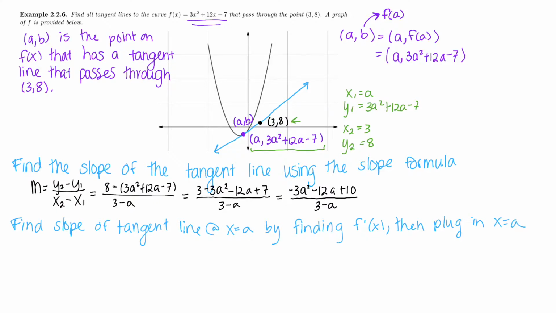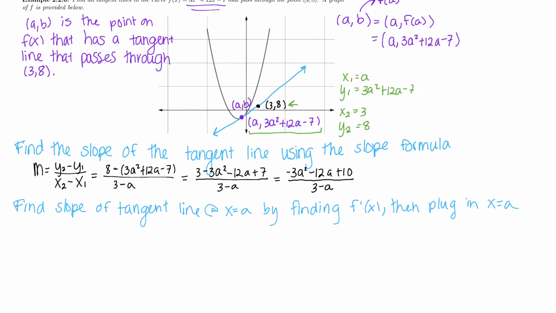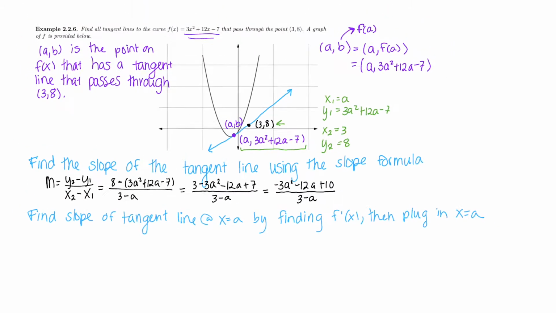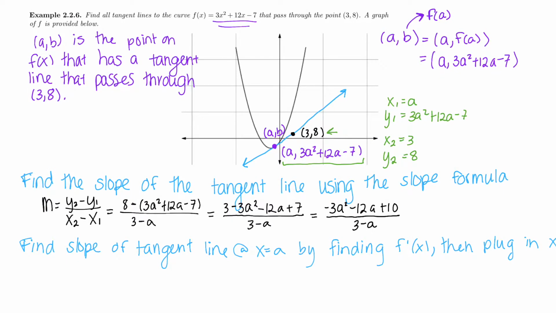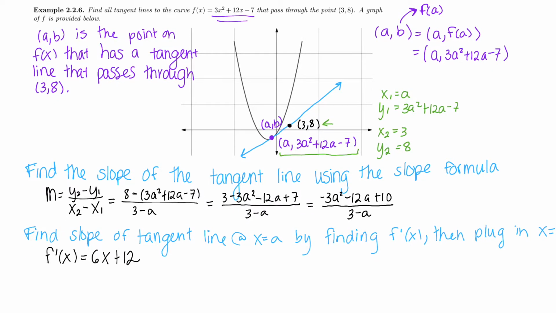So we're going to find f prime of x, and we'll plug in x equals a. So we're finding this slope in 2 different ways. Trying to keep it on the screen too. So f prime of x is 6x plus 12. f prime of a is 6a plus 12.